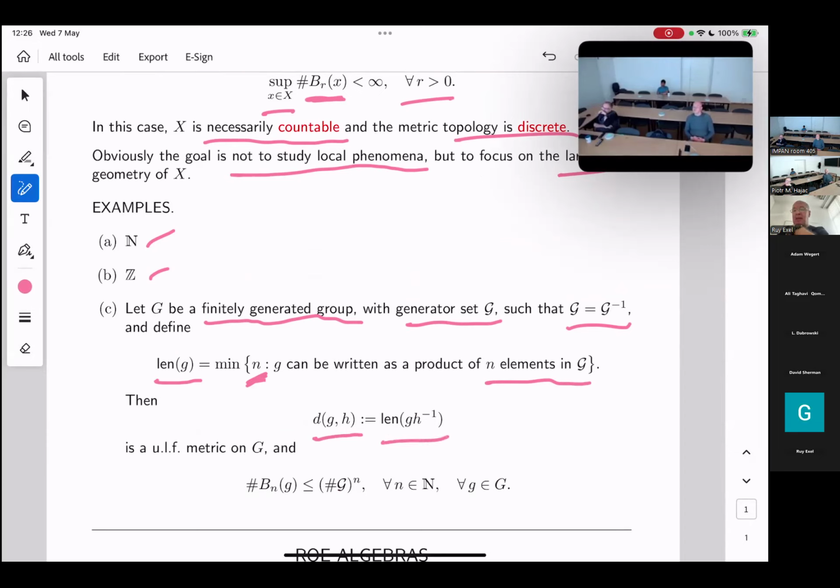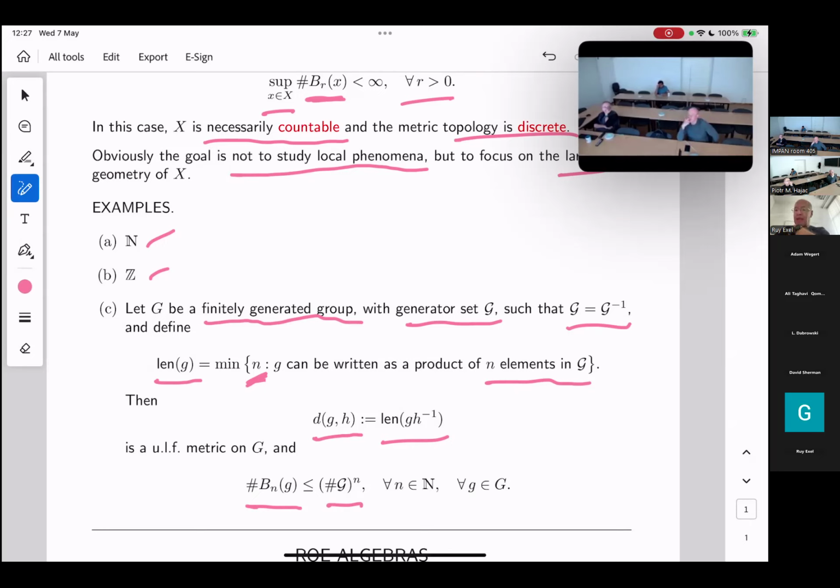That length is a uniformly locally finite metric on the group, and it's easy to see that the ball of radius n around a group element has at most the nth power of the size of the generator set many elements. That's a very important example, and it is crucial in the study of geometric group theory.